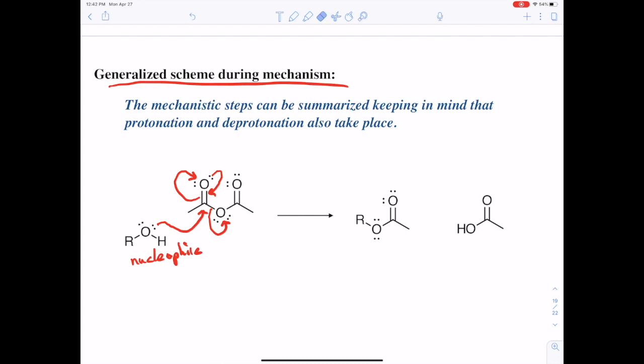We've got our leaving group that comes off. And that's the basic mechanism. So a nucleophile attacks the carbonyl, electrons get kicked up onto the oxygen, pi bond electrons come back down to reestablish the pi bond, and the leaving group gets kicked off. So that's the general mechanism.